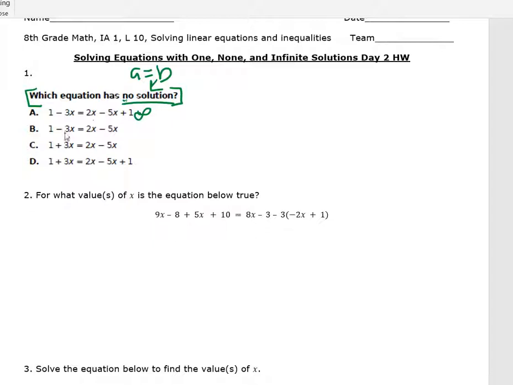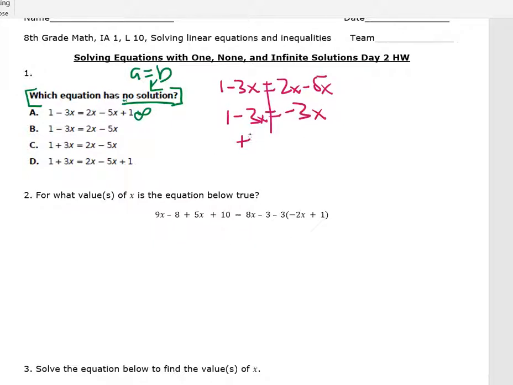Looking at answer choice B, I have 1 minus 3x equals 2x minus 5x. Again, I can't combine anything on this side, and when I do 2x minus 5x, I'm left with negative 3x. So I have 1 minus 3x equals negative 3x.